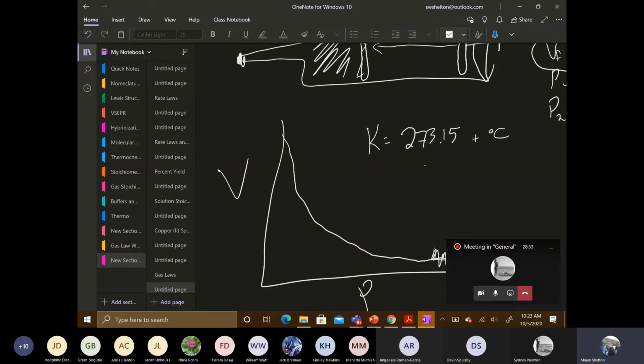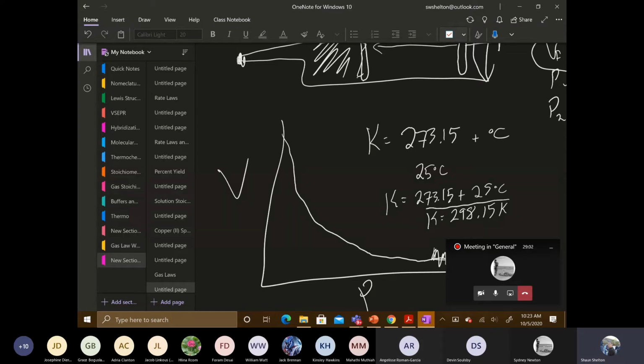So if we know that our temperature is 25 degrees Celsius in the room, and we want to calculate the temperature in Kelvin, we take the 273.15 and add that to 25 degrees Celsius, and that gives you 298.15 Kelvin. Not degrees Kelvin, but just Kelvin.